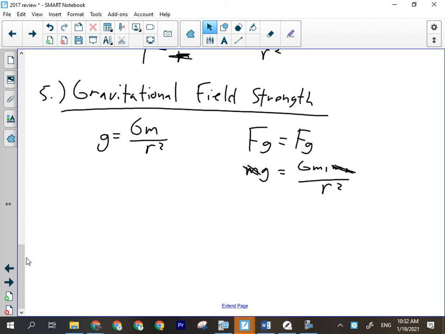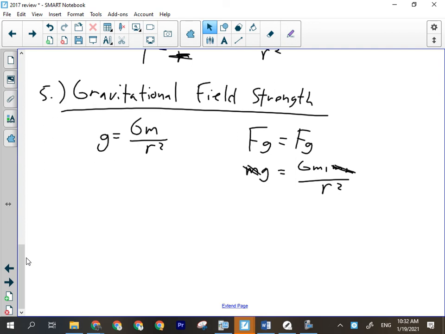Ready for the written? Question number 1. Projectile motion. Question number 2, graphing. Okay, so you'd be asked to interpret and do some calculations to do with either a position or velocity versus time graph.